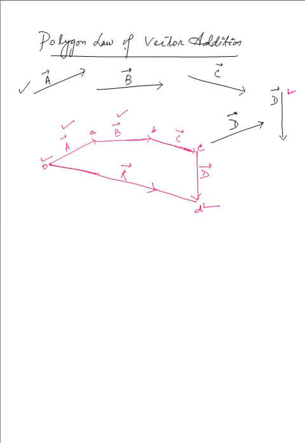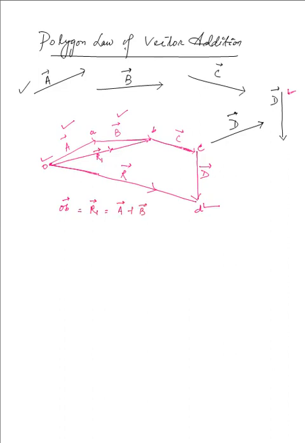Now we can take, as per the triangle law, the A vector and the B vector taken in the same sense of an open triangle. The closing side of the triangle taken in the opposite sense must give me the resultant of A and B. So OB vector is nothing but the resultant. Let me take it as R1. So R1 is the resultant of A and B, which means R1 equals A vector plus B vector.